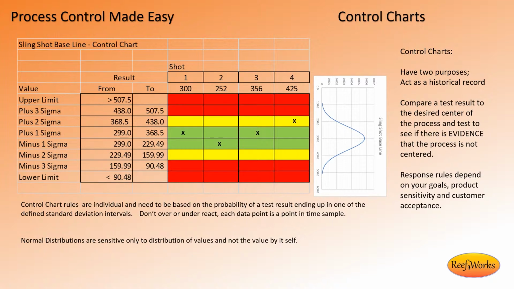They act as a historical record, and they compare the results to the desired center of the process. So your X bar, the center of the process, probably should be where you want that process to be. And again, you test to see if there's any evidence that the process is not centered.